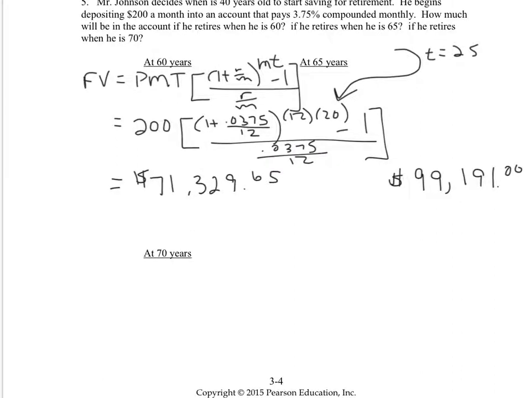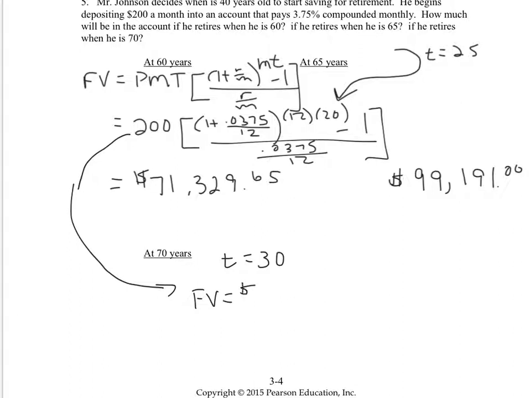In this problem, our T would equal 30. So everything from up here is the same, except we're going to put 30 in for T instead of 20.